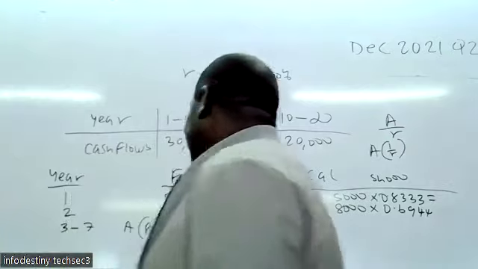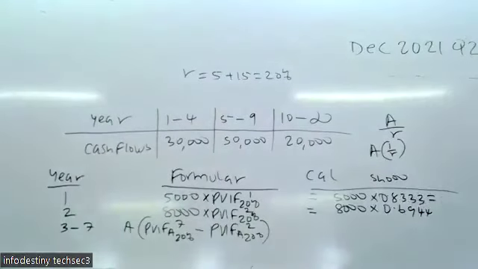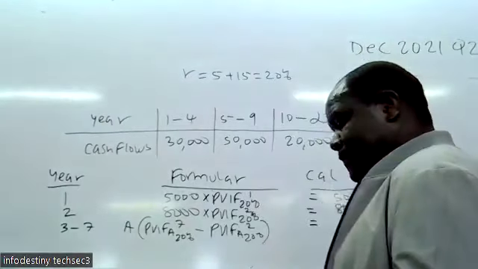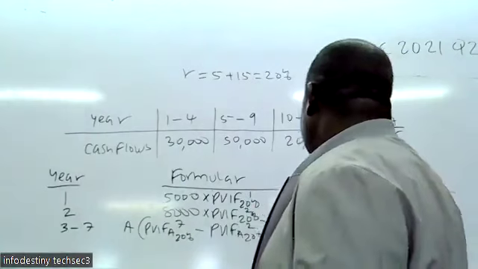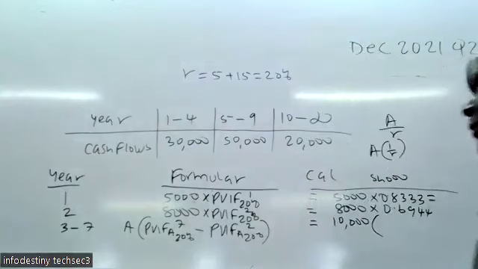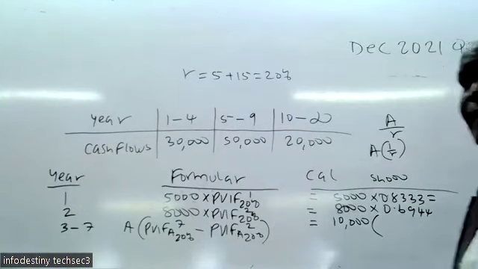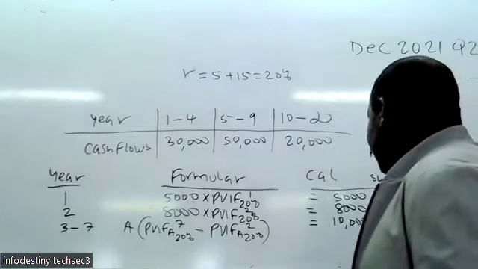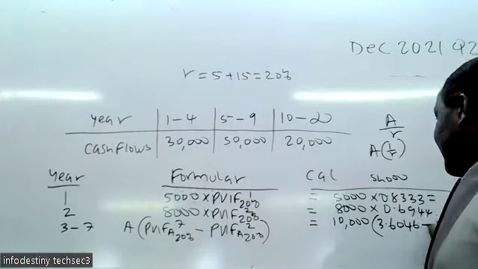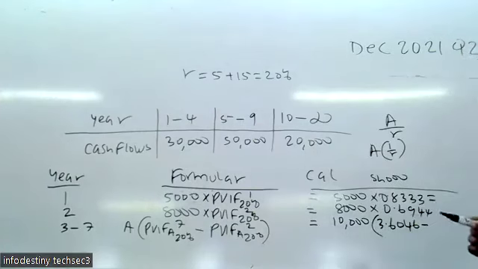Year 2. So now you use the other table. So 20% in year 7. And still in the same table, confirm the one for year 2.